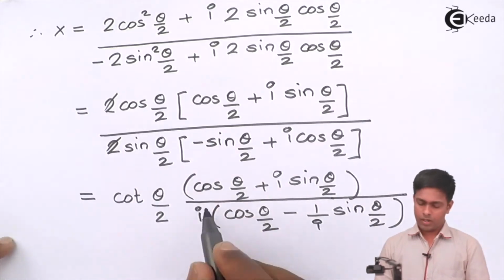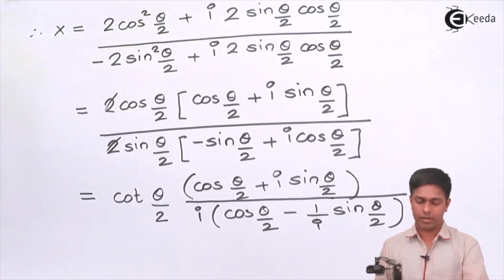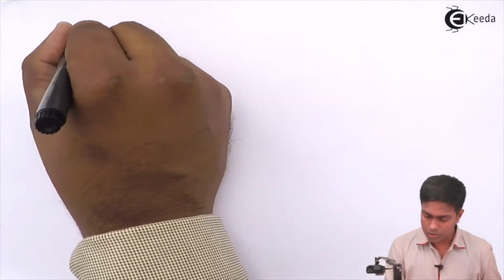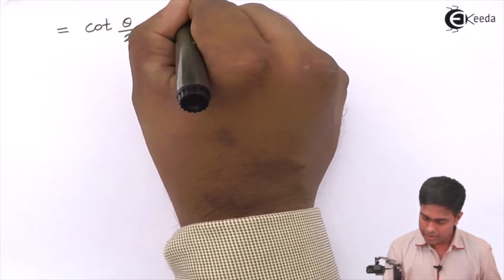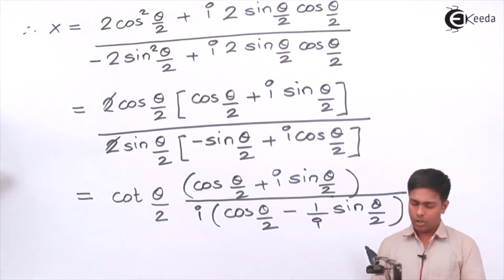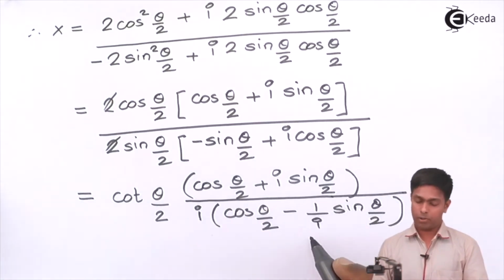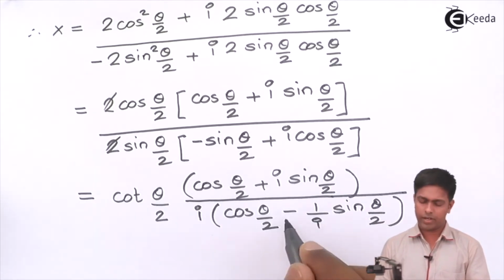Now this is in exponential form, it is e raised to i theta by 2. So here I will write down, it is equal to cot theta by 2 e raised to i theta upon 2, and here 1 upon i, we know the property 1 upon i is negative i, so that will become negative negative positive i.